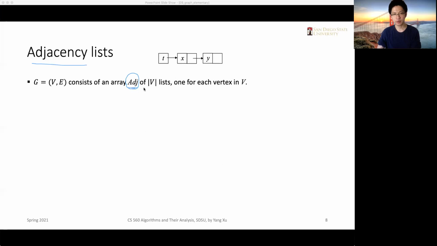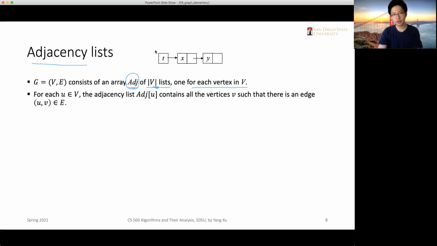This array actually consists of V lists, so each list corresponds to each vertex in V. For each vertex, the adjacency list can be accessed by using the index between the square brackets.